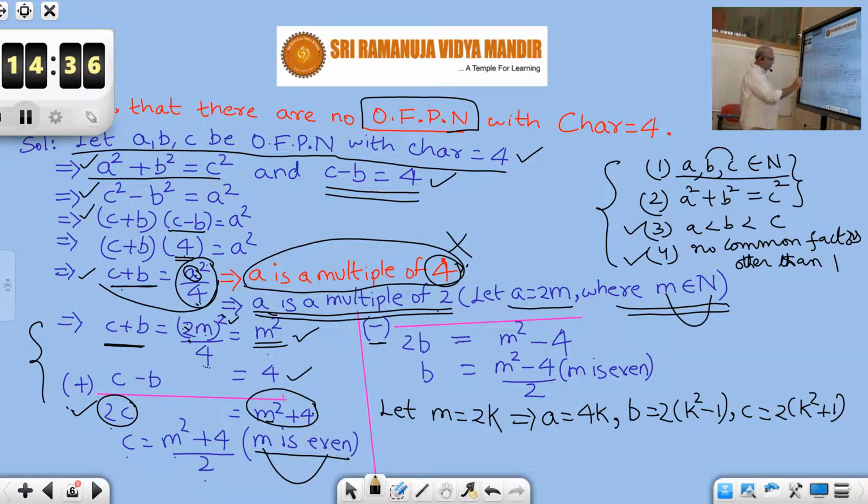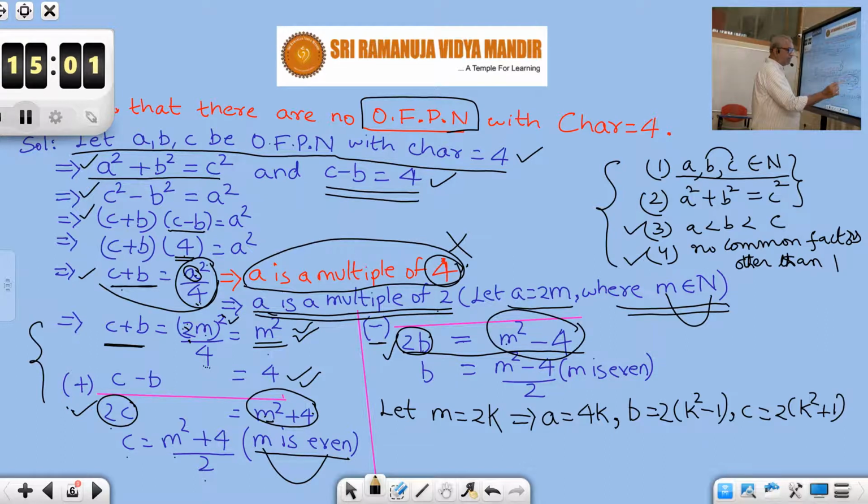Now, the same two equations, C plus B and C minus B, I have subtracted here. If you subtract, you will get what? 2B. Right hand side, m square minus 4. So, dividing by 2, (m square minus 4) by 2. Here also, 2b is equal to m square minus 4 means left hand side 2b is even, right hand side must be even.